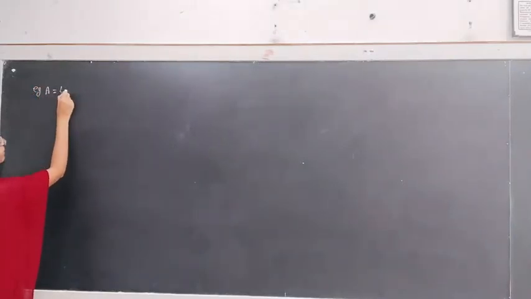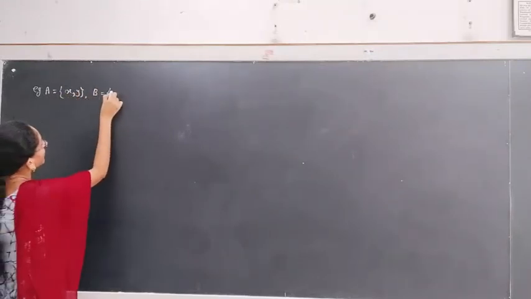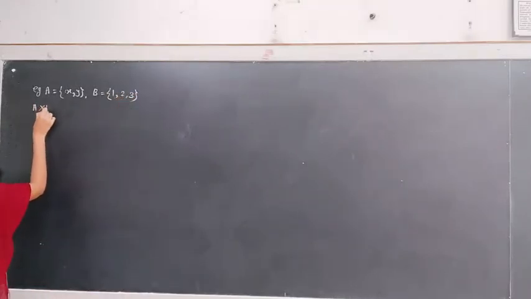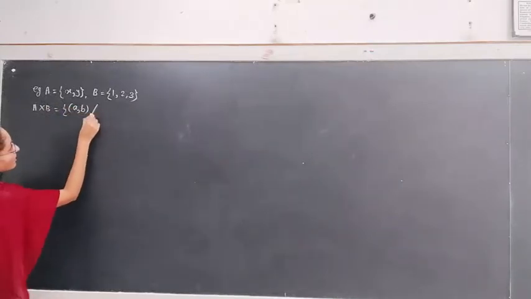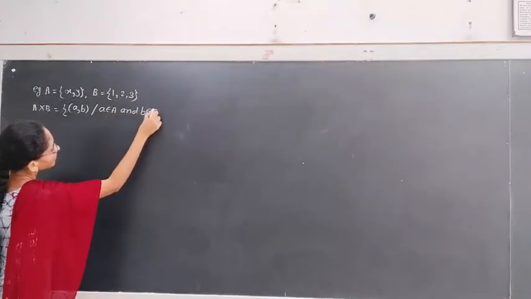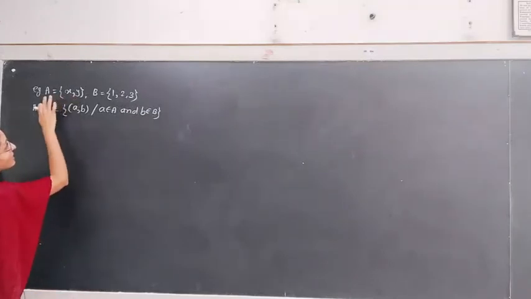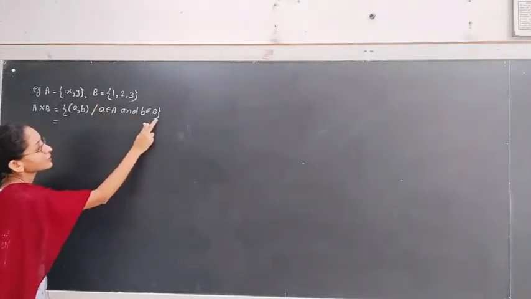For example, if we consider the set A is equal to {x, y}, and set B is equal to {1, 2, 3}, then A cross B is the set of all elements of the type (a, b) where a belongs to A and b belongs to B. We have two elements in set A, hence a has two choices and b has three choices.